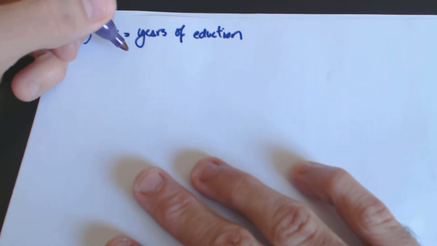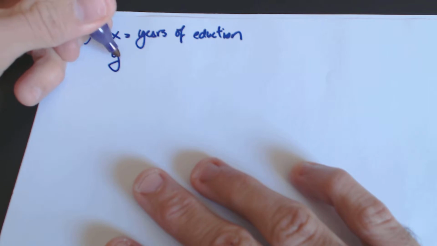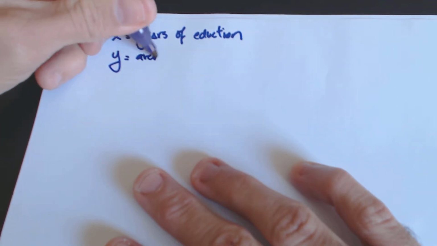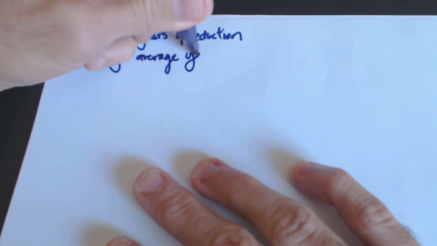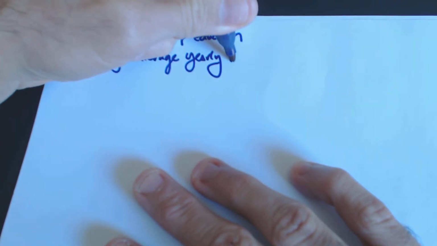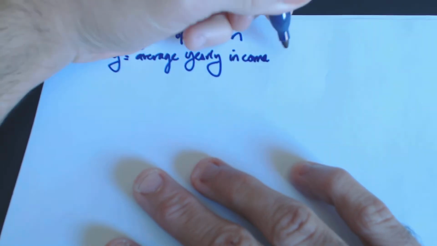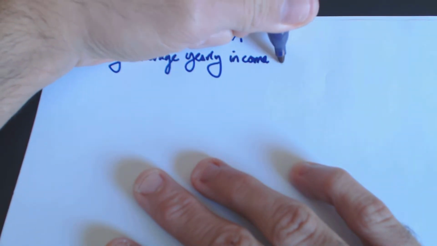So Y equals average yearly income in dollars.